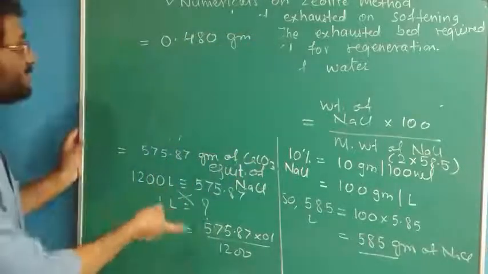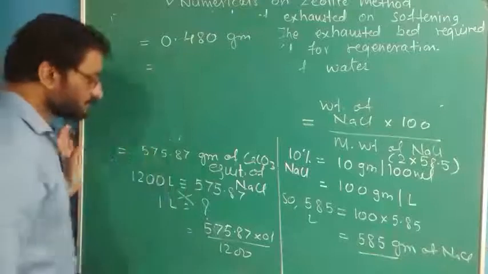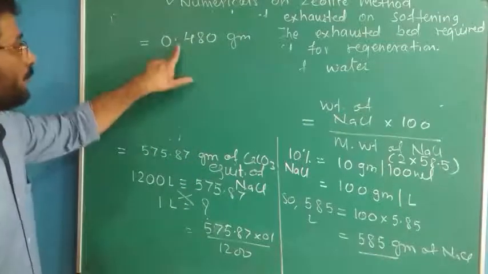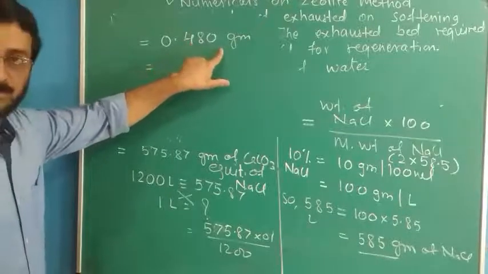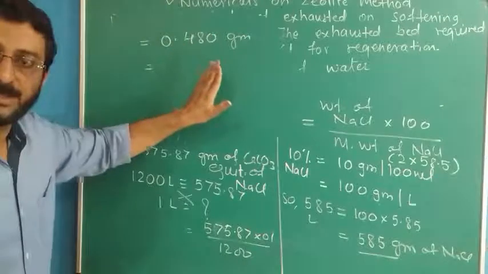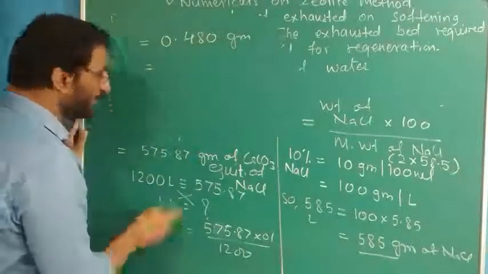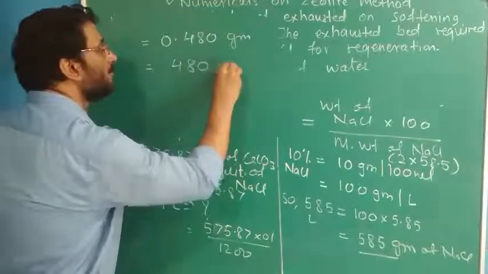Convert this gram to milligram. The answer of this is 0.479, or 0.480 grams as a round figure. This is per liter. Convert this gram to milligram. It will be 480 milligram.